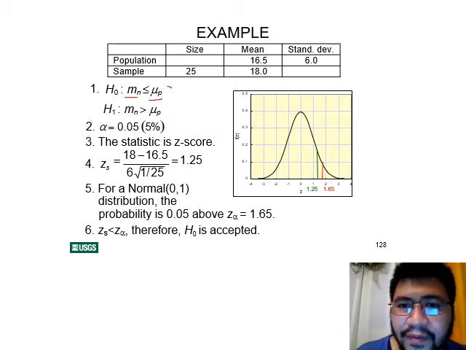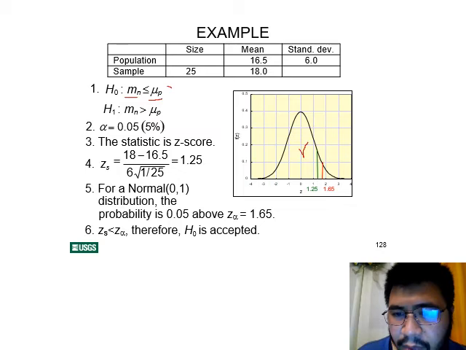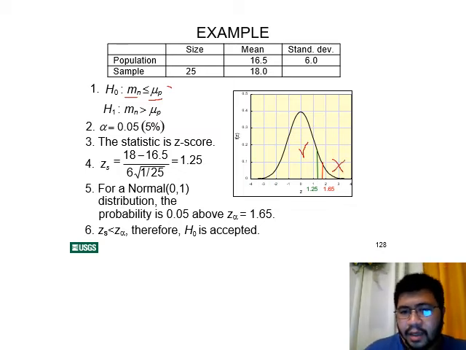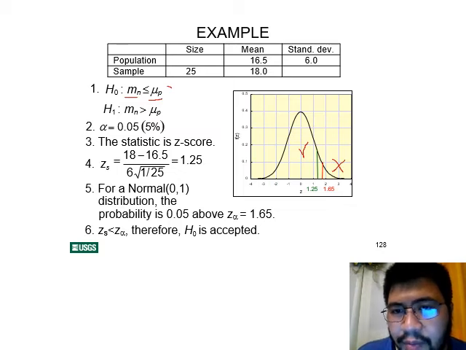In the curve here, we only care about the values on the left. If the values are on the right, we will reject the null hypothesis. This part we want, this part we don't want. So this is a right-tailed test because the rejection values are on the right.